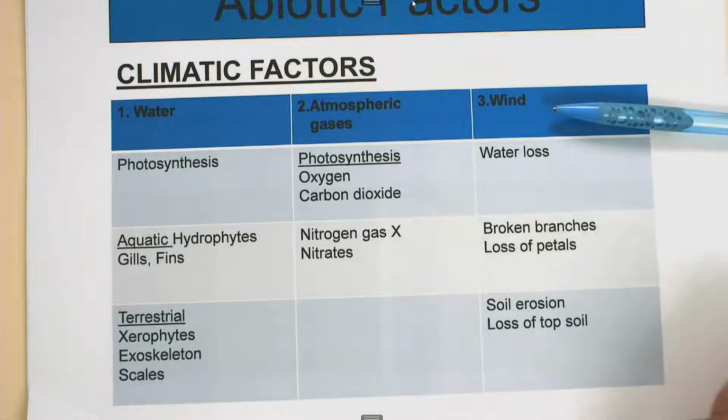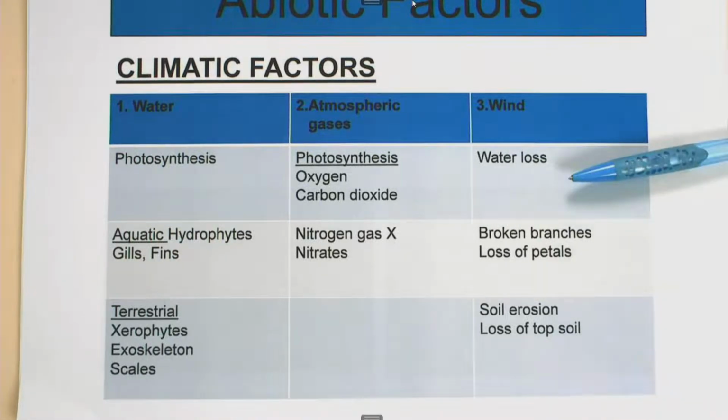The wind can damage plants, and obviously it influences transpiration. If the wind is blowing around a plant, the moisture is taken away, and then more transpiration will take place, and the plant can dry up, all right? Soil erosion, loss of topsoil, the wind can blow it away. That is how wind will influence this.